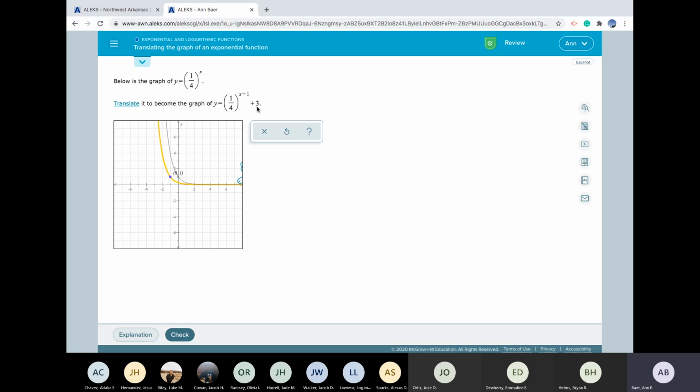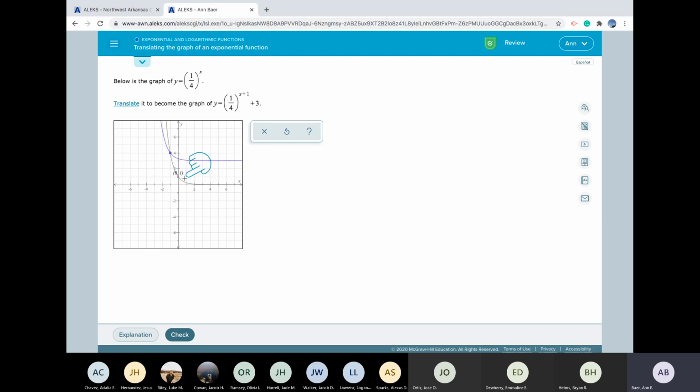It's not next door to the x. It works like we would think, so we want to go up 3. Currently we are at a y of 1. If we take 1 and add 3 to it, we get 4. So we want to go up to 4 here and make sure we stay correct.